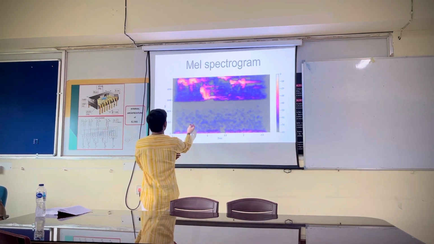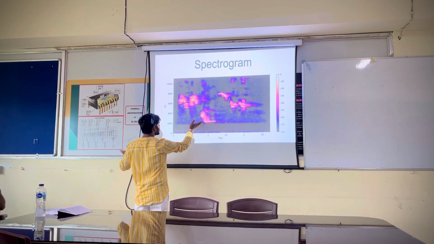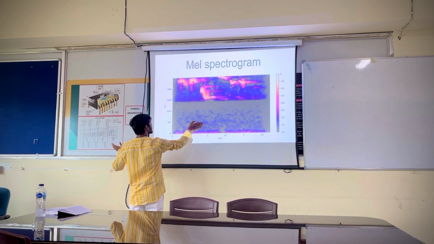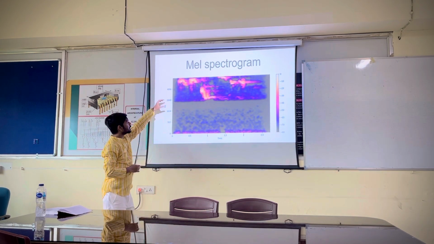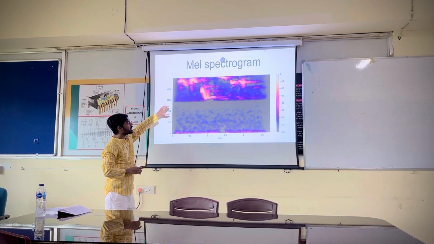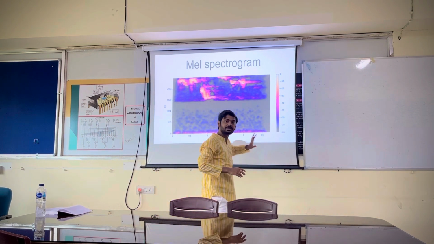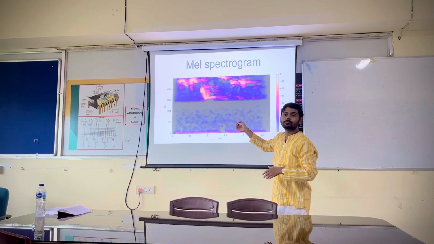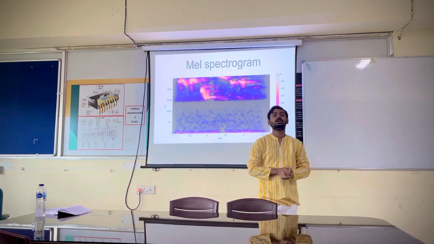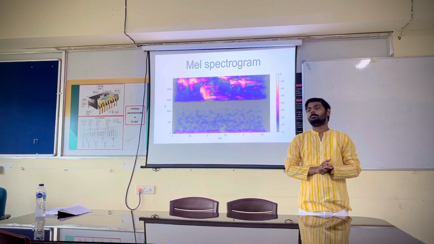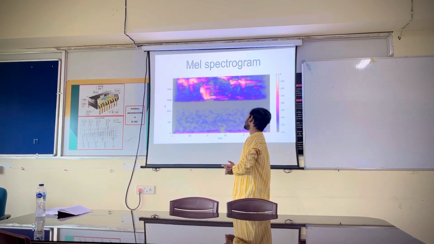As you can see here, these same signals are just pushed upwards, so that more importance can be given to the lower frequency ranges, right? Because changes in this region are much more prominent than changes in those regions. So this is a Mel spectrogram representation, and most modern models that we use take these Mel spectrograms into consideration as input.